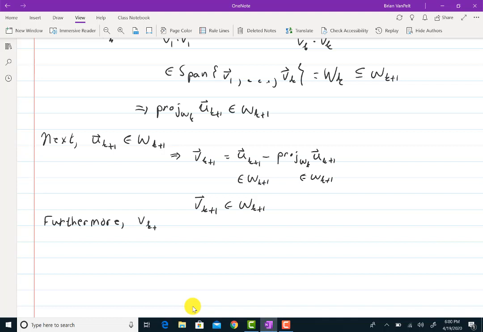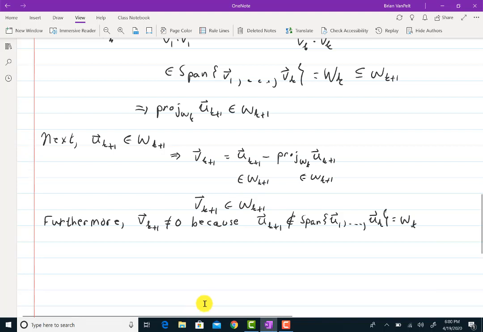V sub k plus 1 is not the zero vector because u sub k plus 1 was not in the span of u1 up to u sub k, which equals w sub k.